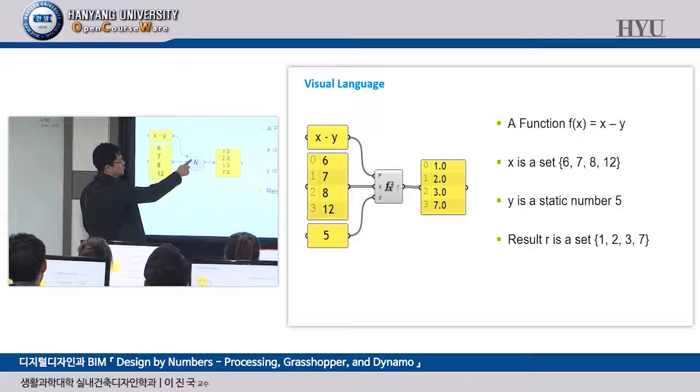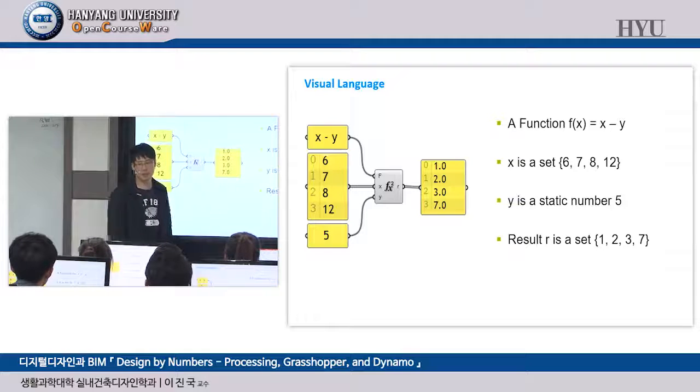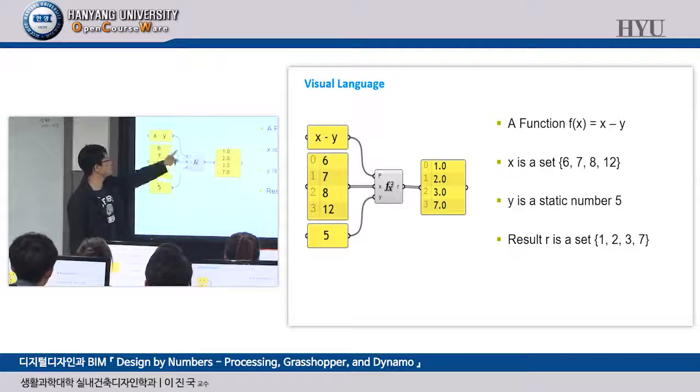Left side, of course, there are x and y values. Another one, f definition. F definition at this time is the same, x minus y. So this one is x, y is static. So the output result is the same.